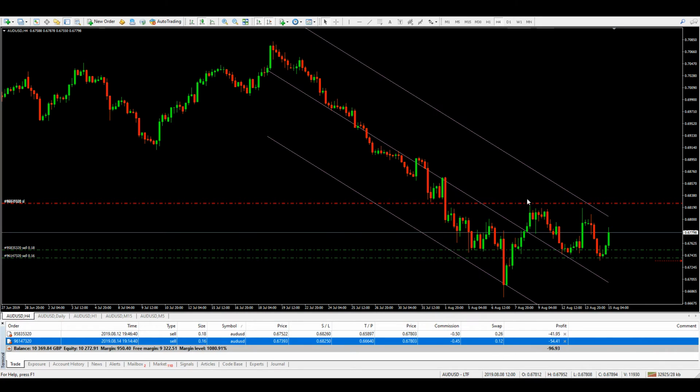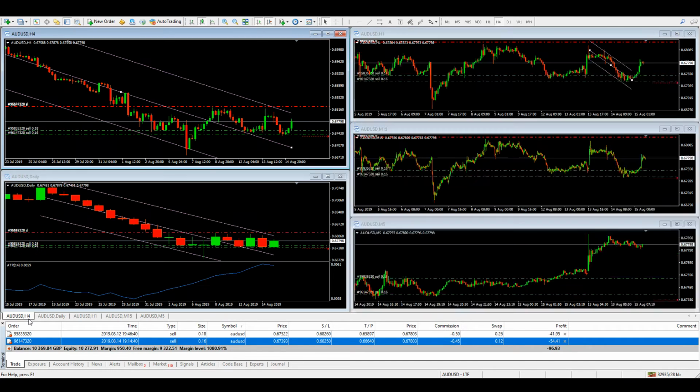So really the time to be considering taking these to break even, I would say, is if the price starts to attack this upper standard deviation more. So if it starts to pierce it without any reversal candles or anything, then I'd be considering moving my take profits to break even, because that would show me that the price action just isn't doing what I'd like it to do.